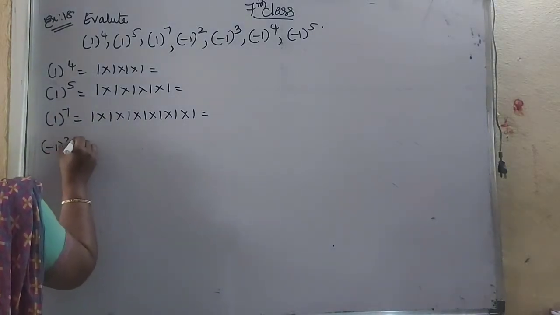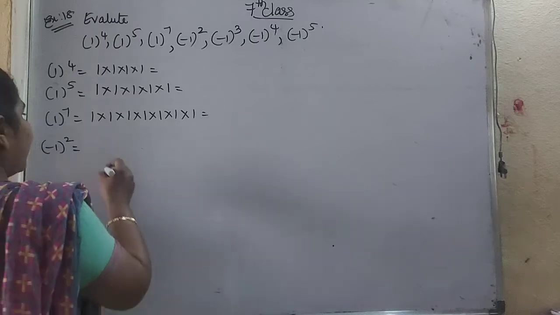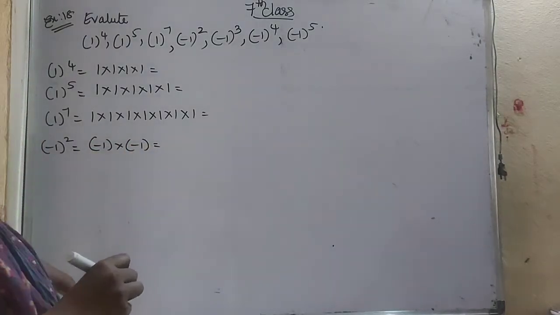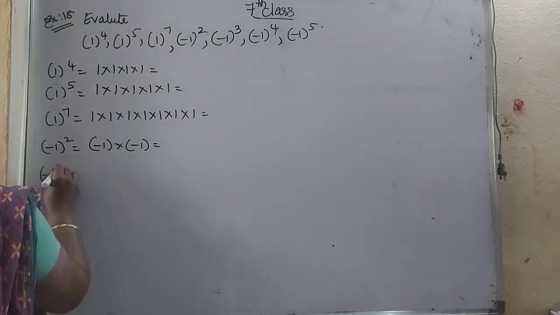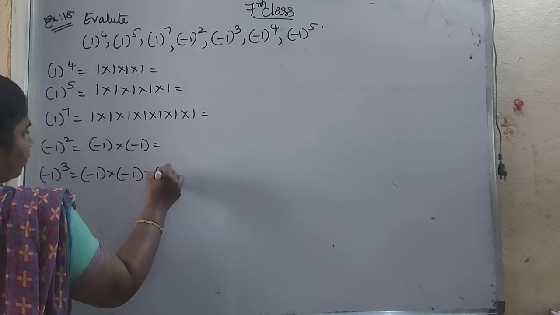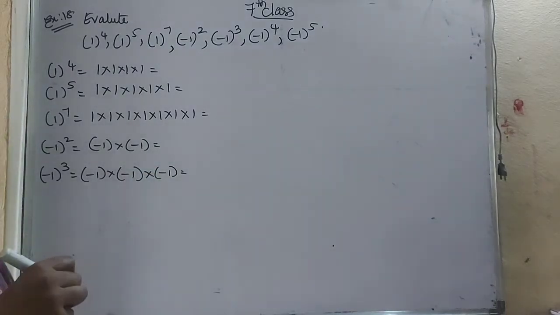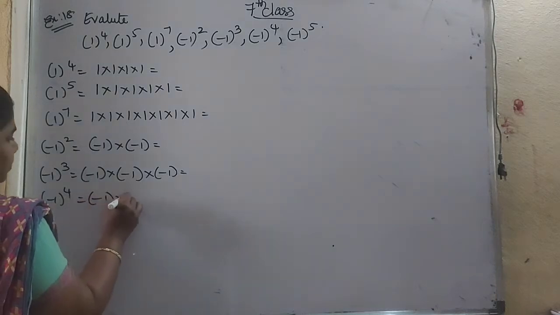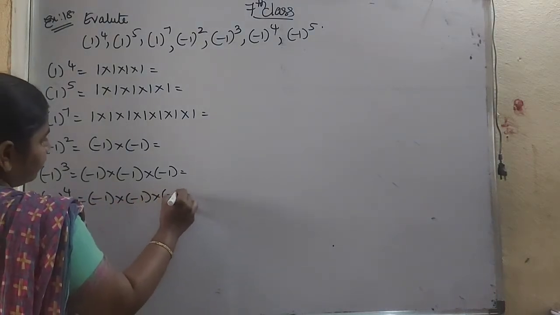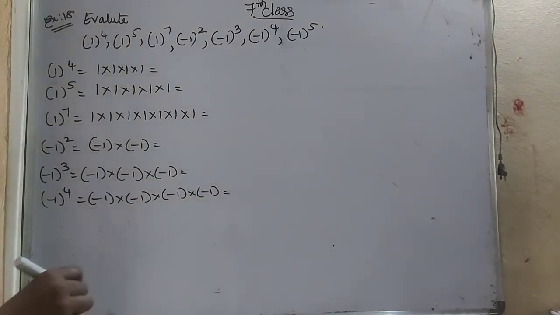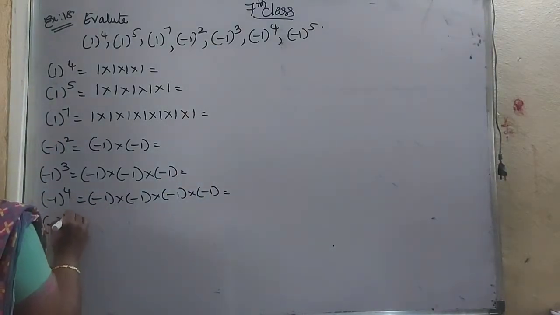Minus 1^2, minus 1 multiplied 2 times. Minus 1^3 means minus 1 multiplied 3 times. Minus 1^4 means minus 1 multiplied 4 times. Minus 1^5 means multiplied 5 times.